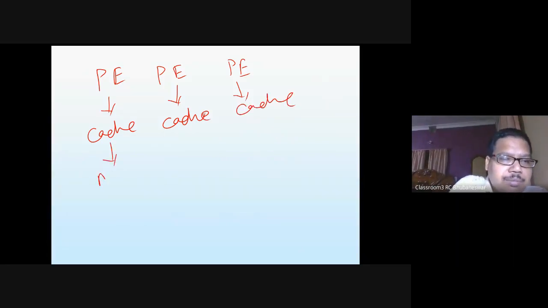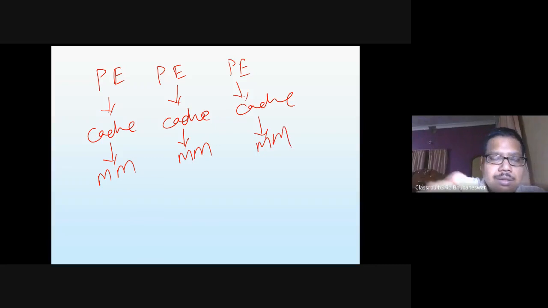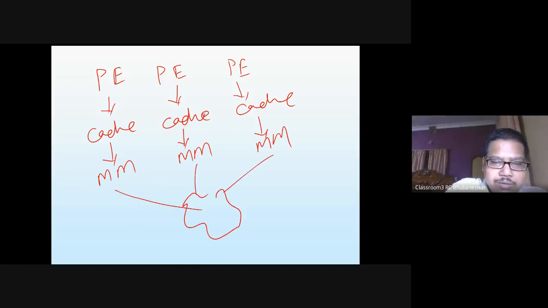Then I can have main memory, and this system is now connected to a network. So here we have a distributed main memory, distributed cache, and distributed control unit again. So I have one control unit. So this is a CPU. We can rather say a processing element. I would like to correct this. We have CPU.